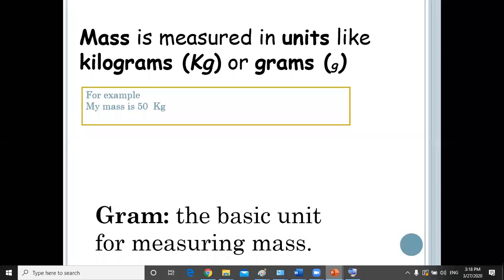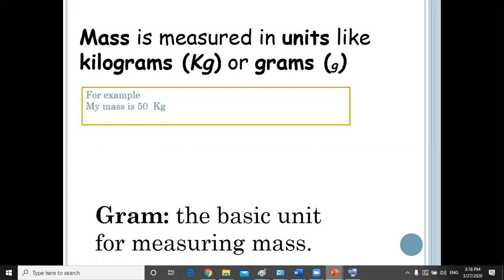Now, I want to ask you, what is your mass? Tell me. 30? Bravo, wonderful. 30 what? Kilogram, excellent. But the mass of a balloon is about 5 or 6 of what? Gram, excellent, bravo.